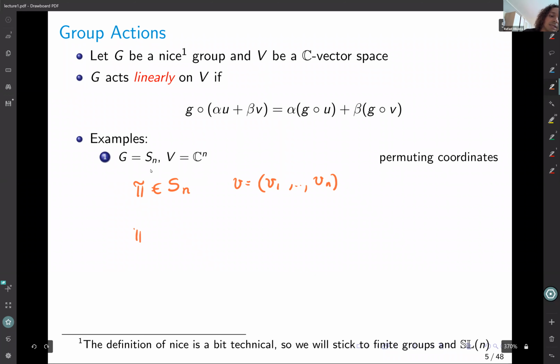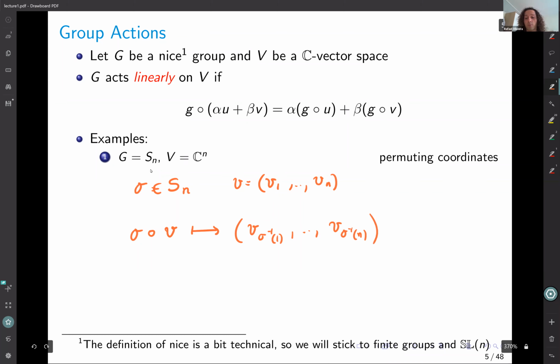What we have is that sigma acts on v by sending v to the following vector: v sigma inverse of 1 up to v sigma inverse of n, right?